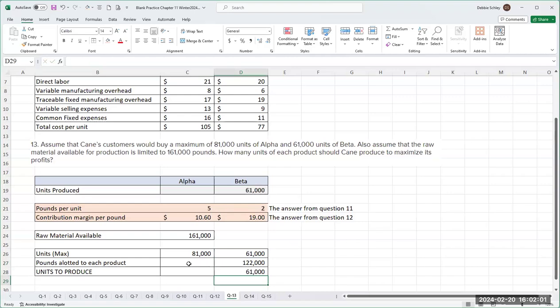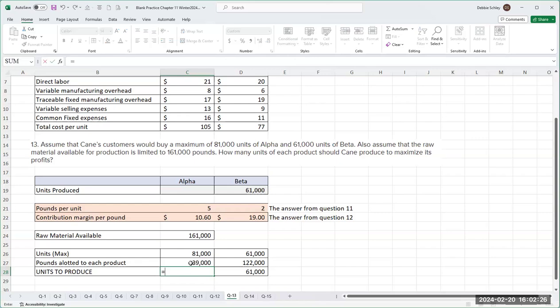Then how many pounds do I have left for alpha? So that will take my constrained resource of 161,000 pounds minus the number of pounds it took to make 61,000 units of beta. And that gives me 39,000 pounds left to make alpha. Now remember, we're not to the answer yet. That's pounds. We need to get it to units.